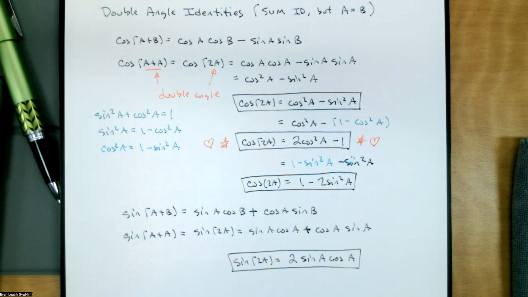Knowing this reinforces our memory of the sum identity for sine. The sum identity for sine is the mixed trig function one. The sine and cosine are in the same term. Whereas the cosine sum and difference identity, that's the one where we use the same trig function. Cosine, cosine, sine, sine, versus sine, cosine, sine, cosine.